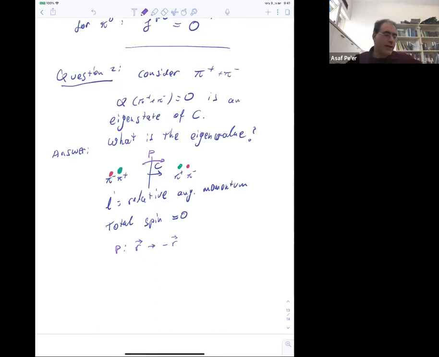So for this particular case, we can use the properties of the parity transformation.